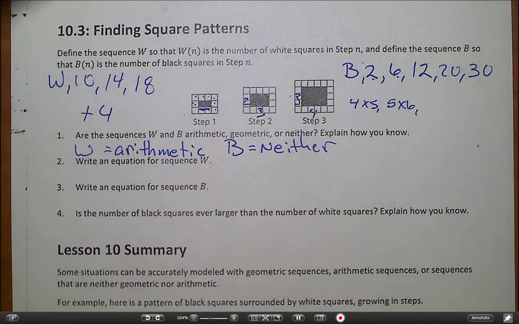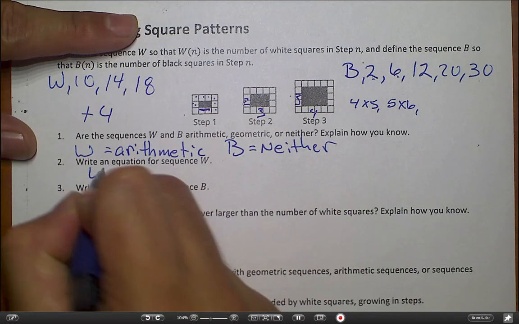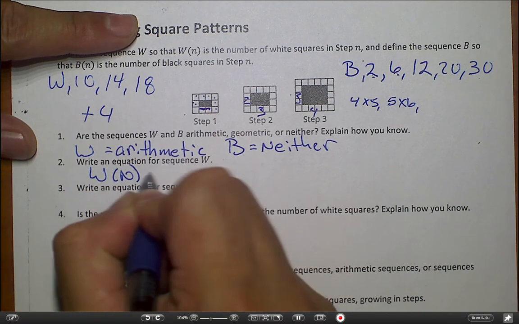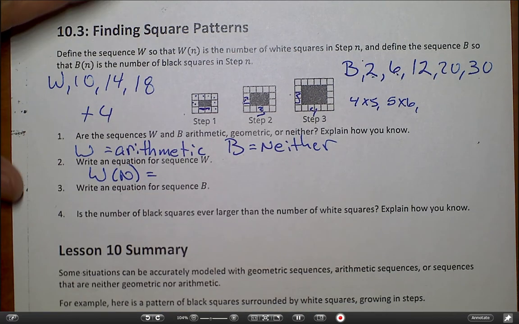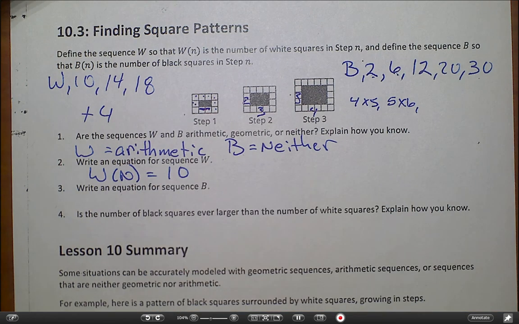So let's see. How would I start the white one? W of n. Very good. W of n is equal to? Am I adding every time? Say yes.